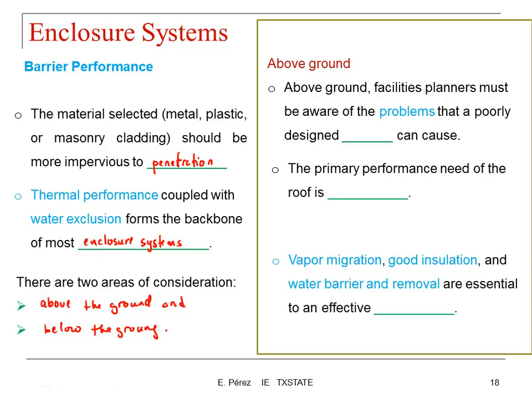So looking at the first one, above the ground, facilities planners must be aware of the problems that a poorly designed roof can cause. Again, water filtration, the solar gain, and so on. And the primary performance need of the roof is the water exclusion.